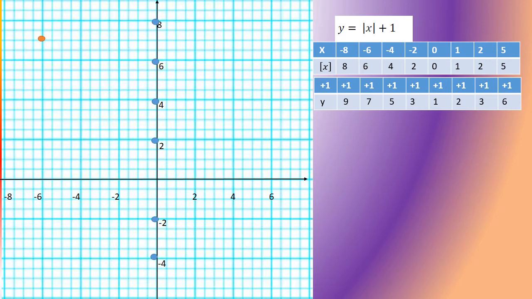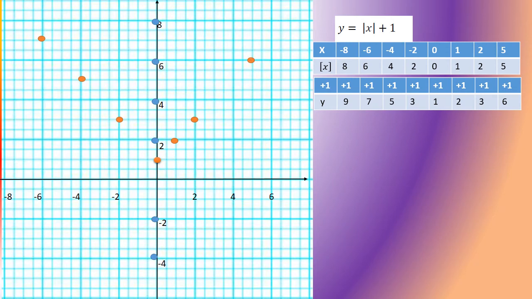At minus 8 it's 9. I have not marked that point, but I'm going to mark from minus 6, it's 7, and also at minus 4 it's 5, at minus 2 it's 3, at 0 it becomes 1, then at 1 it is 2, at 2 it's 3 and at 5 it's 6.